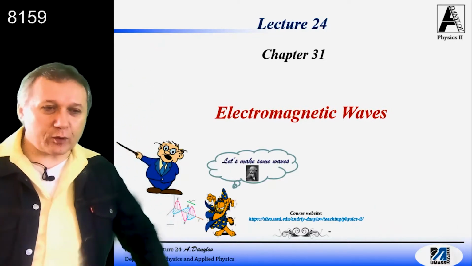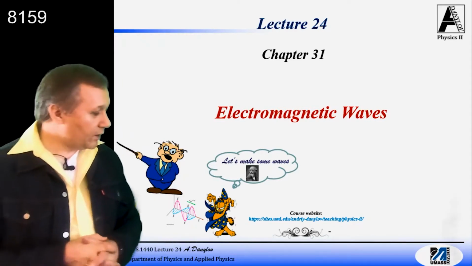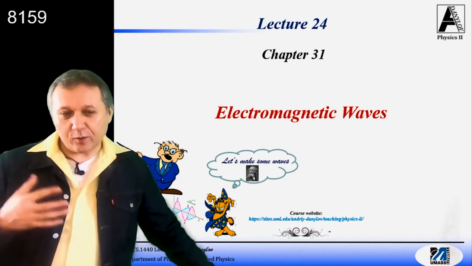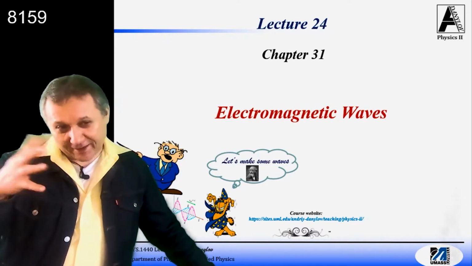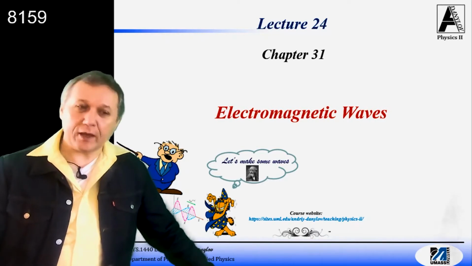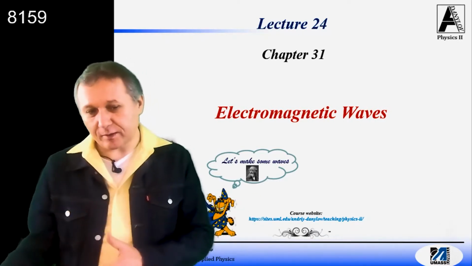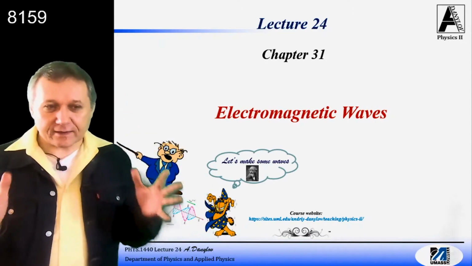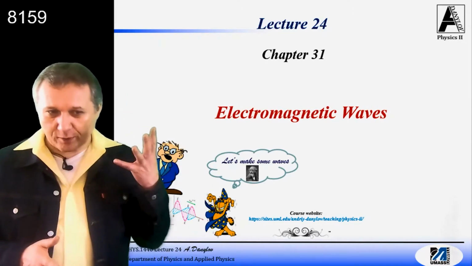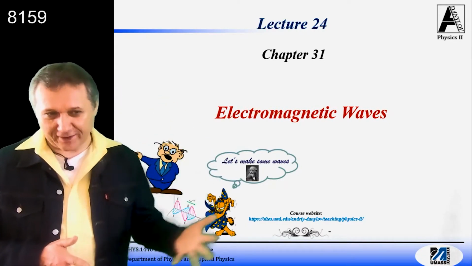Then we also added equation number 5, which describes how those fields, electric and magnetic, interact with a charge. So we added the Lorentz force, which consists of 2 forces, electric force and magnetic force. That set of 5 equations forms the foundation of electromagnetism.